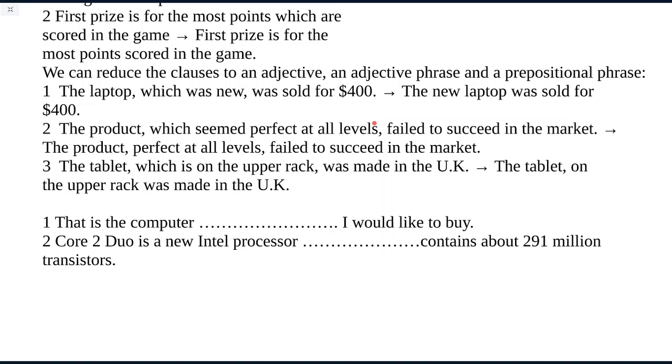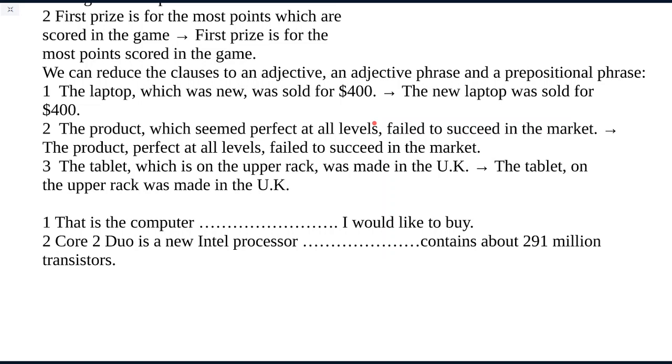The second one: Core 2 Duo is a new Intel processor. Contains about 291 million transistors. In this case, the second sentence is really dependent on the first one. If you see the difference between the two, I cannot omit my relative pronoun or adverb.